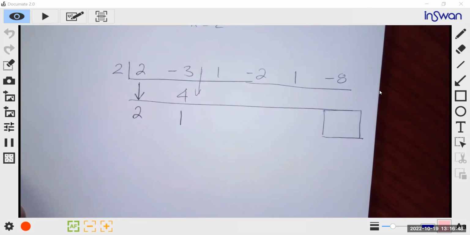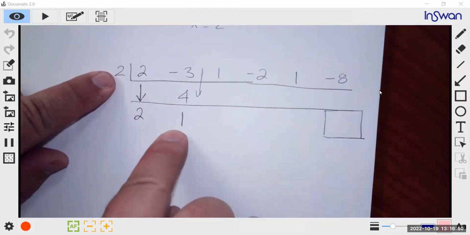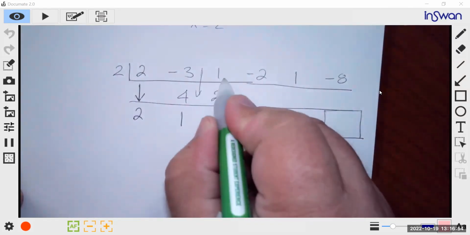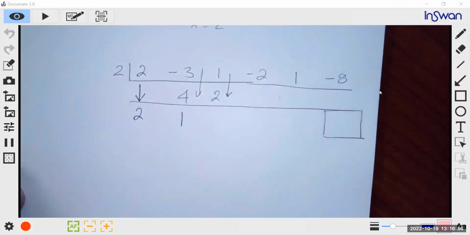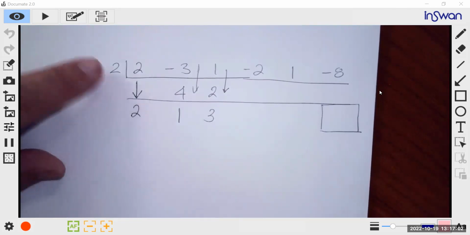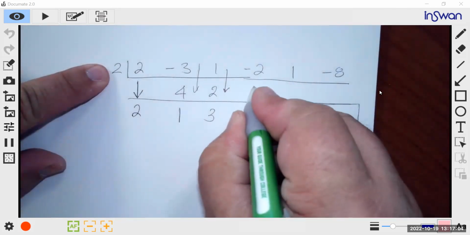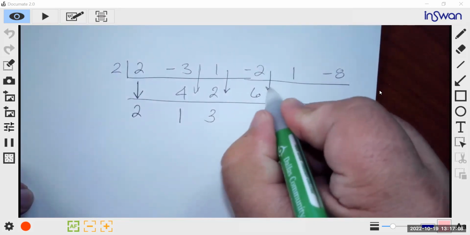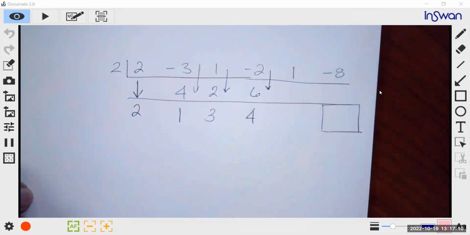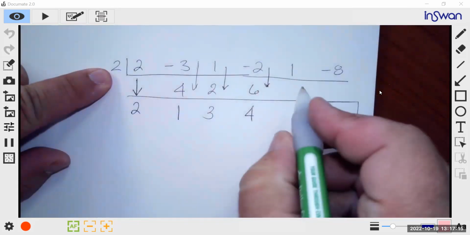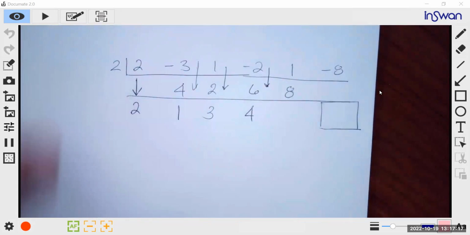Can you guess the next step? 2 times 1 is 2. Add straight down. 2 plus 1 is 3. 2 times 3 is 6. 6 minus 2 is 4. 2 times 4 is 8.